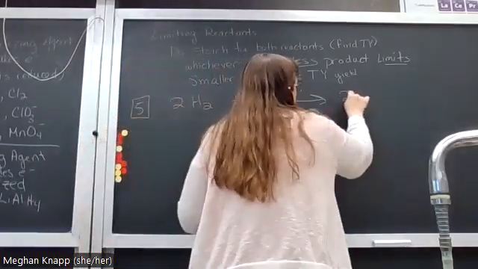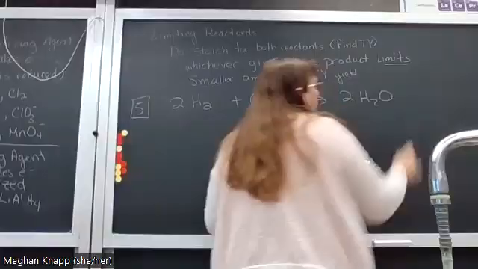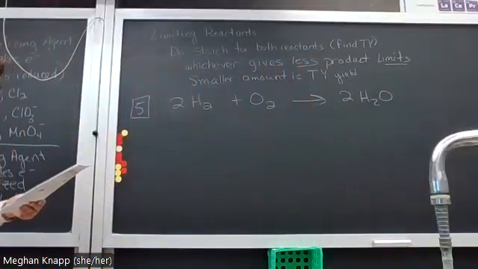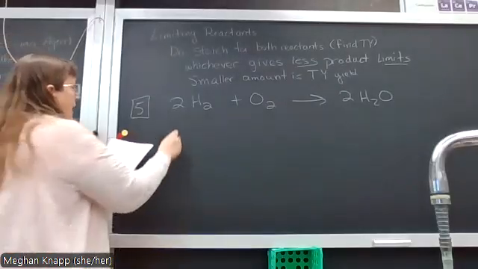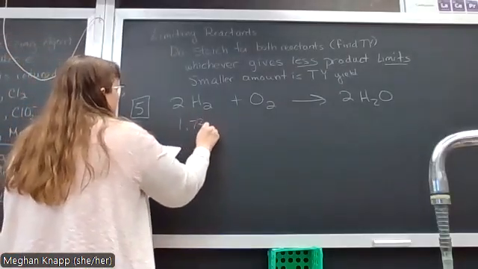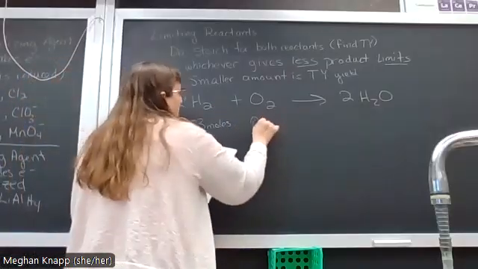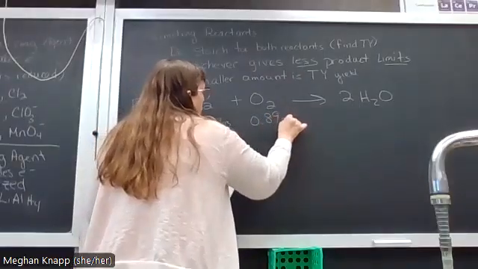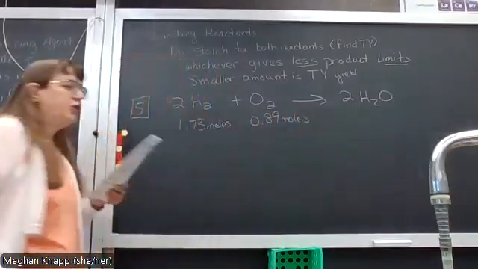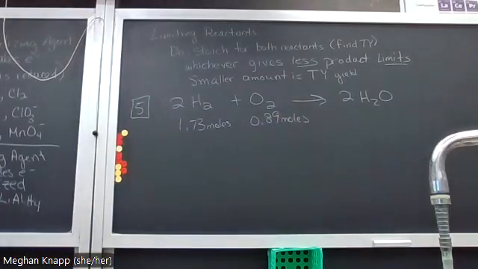And remember, we're dealing with this reaction for the formation of water, right? And it says, if you have 1.73 moles of H2 and 0.89 moles of O2, which would be the limiting reactant, and how many moles of water can you produce?